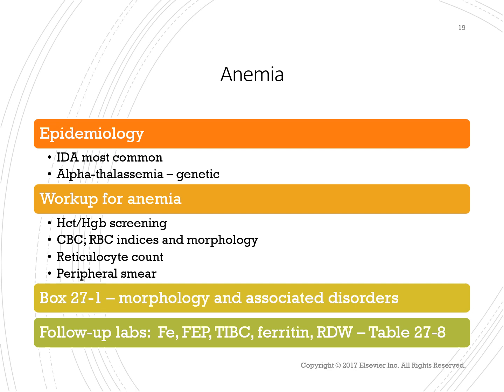Box 27-1 on page 640 talks about erythrocyte morphology and the associated disorders. So based on what we're seeing on that peripheral smear when we're doing that red blood cell morphology, if we're seeing sickle cells, then we would know that we're looking at sickle cell disease or a hemoglobin S thalassemia.